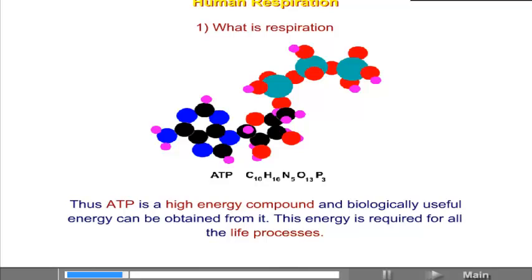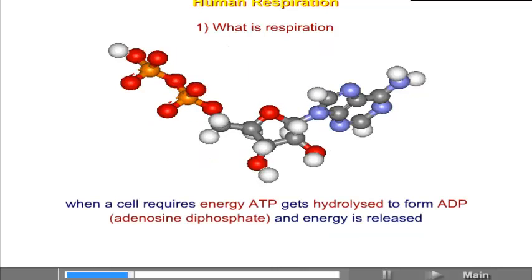Thus, ATP is a high energy compound and biologically useful energy can be obtained from it. This energy is required for all the life processes. When a cell requires energy, ATP gets hydrolyzed to form ADP, that is adenosine diphosphate, and energy is released.